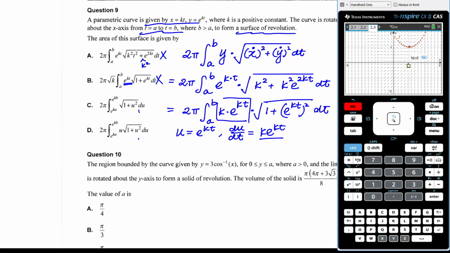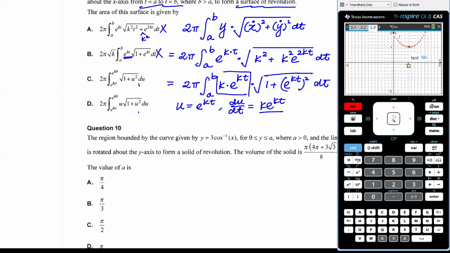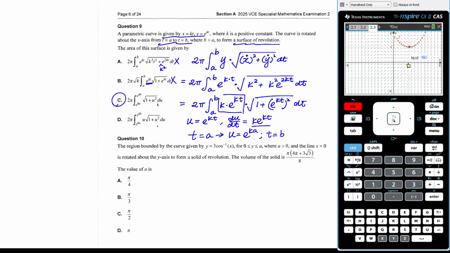This is exactly my du/dt. And also don't forget to change the variables. So I believe option C is the correct answer because t equals a will give me u equals e to the power ka and t equals b giving me u equals e to the power kb. Something along this line, okay? And this bit multiplied by dt will be your du, right?